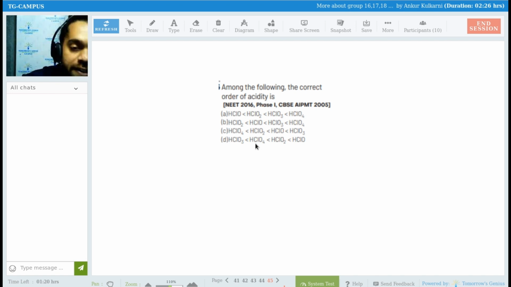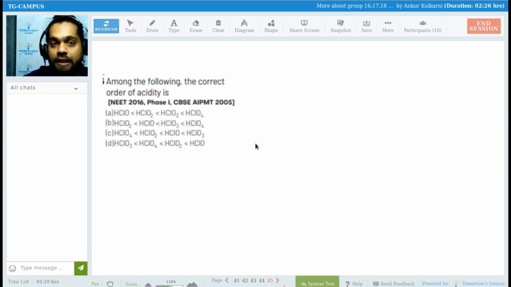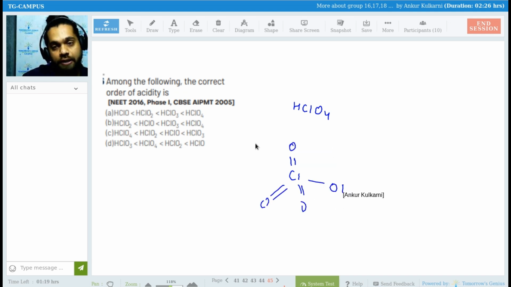What did we discuss? As the oxygen increases, the acidity will also increase. Why? If I have HClO4, correct? The structure is like this. I have Cl, double bond O, double bond O, double bond O, OH.